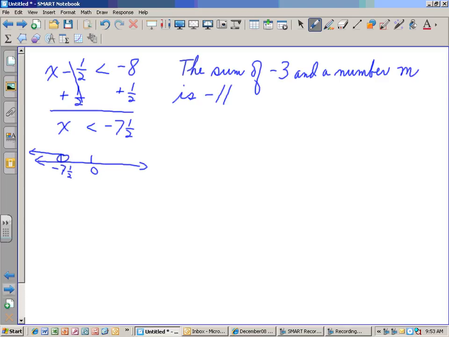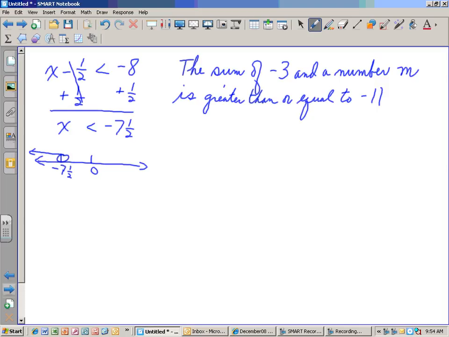All right, and let's change that. Instead of is -11, let's make that is greater than or equal to -11. So the sum of -3 and a number m is greater than or equal to -11.